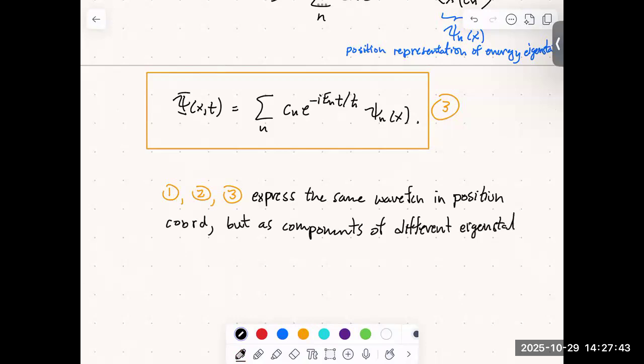Either it could be eigenstates of the position operator or the momentum operator or the Hamiltonian, the energy operator. All right, good. So that's the wrap up of the conclusion of chapter 3.